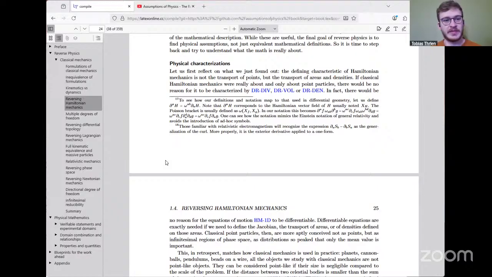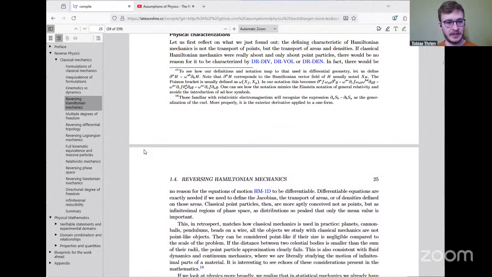The physical characterizations. Let us first reflect on what we just found out. The defining characteristic of Hamiltonian mechanics is not the transport of points, but the transport of areas and densities. If classical Hamiltonian mechanics were really about and only about point particles, there would be no reason for it to be characterized by divergence-free volume preservation of densities.